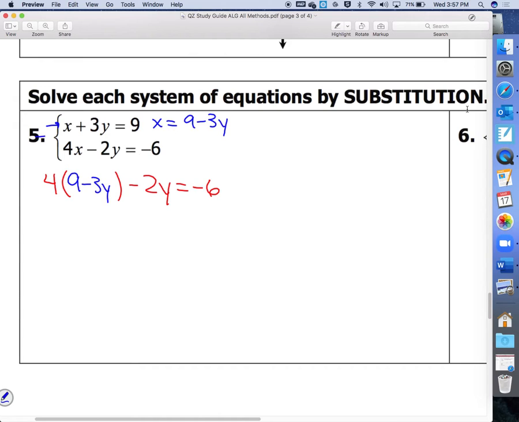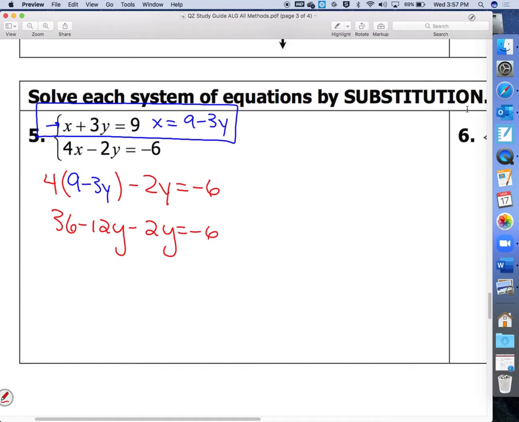So I take one equation, I isolate the variable, and I make a substitution into the second equation. Now I clean this up, combining like terms and subtracting 36 from both sides. For this particular problem, y ends up being positive 3.